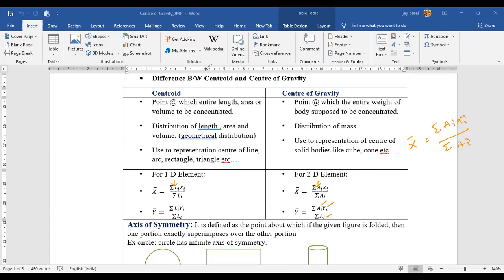For a 2D element, we consider area; for a 3D element, we consider volume. Now, just try to understand. If I consider a 3D element, we have volume. It's L, B, and H. Yes or no? L, B, H की जगह मैं L, B, T लिख रहा हूँ.